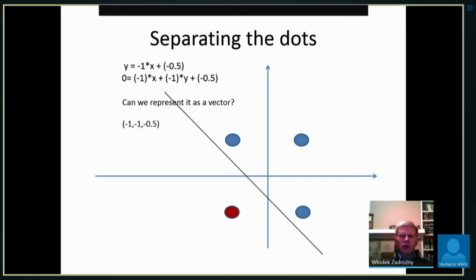We can represent it as the vector minus 1, minus 1, minus 0.5, because we can put the y on the right-hand side of the equation, and essentially we have the expression minus 1x, minus 1y, minus 0.5, a linear expression of these 3 parameters. So we have the vector minus 1, minus 1, minus 0.5. This is our representation.